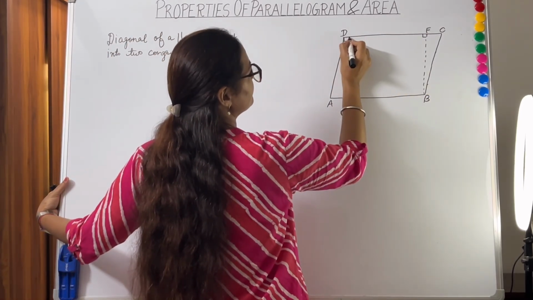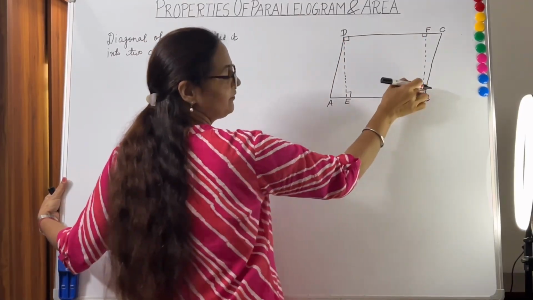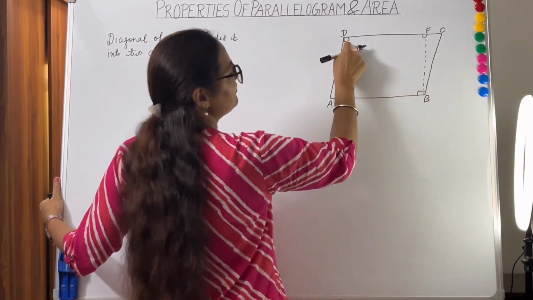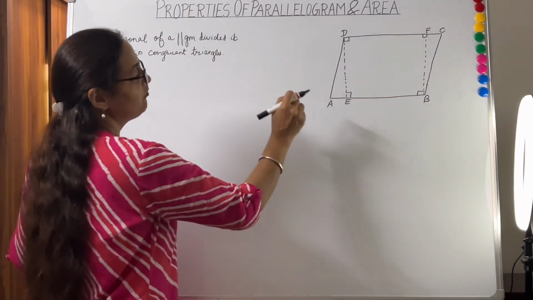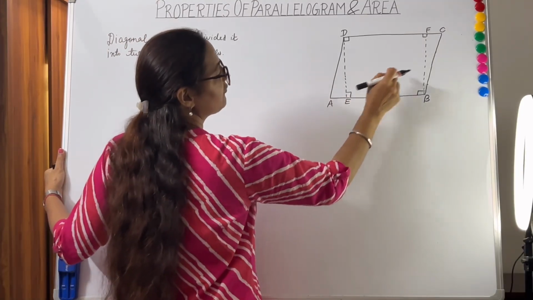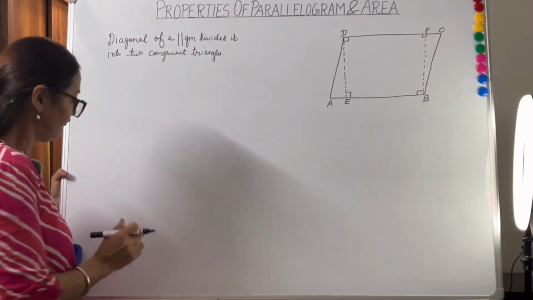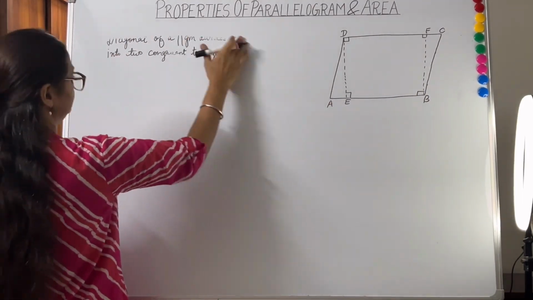So obviously, these will also be 90-degree angles because they are co-interior angles, right? So it means EBFD is a rectangle. Now we will find the area of these three figures and add them and we will get the area of the parallelogram.